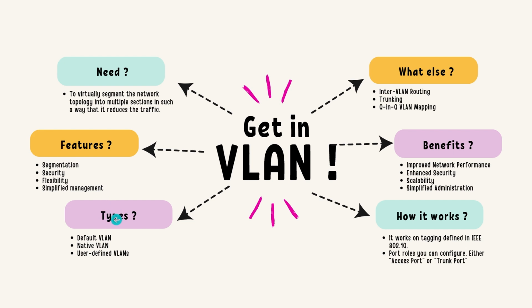What are the types? There are several types: default, native, and user defined. The default VLAN is VLAN 1, obviously. Native VLAN is the VLAN where, let's say, there is no device in a certain VLAN, then the traffic destined for that VLAN can be forwarded to the native VLAN.